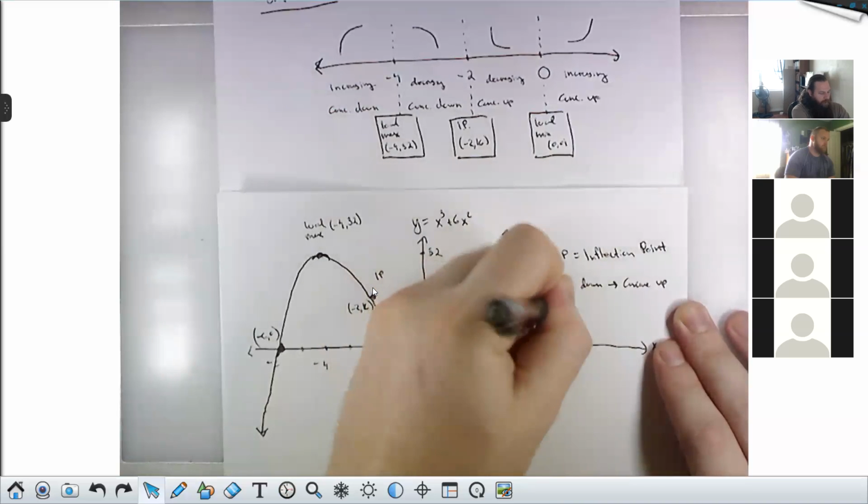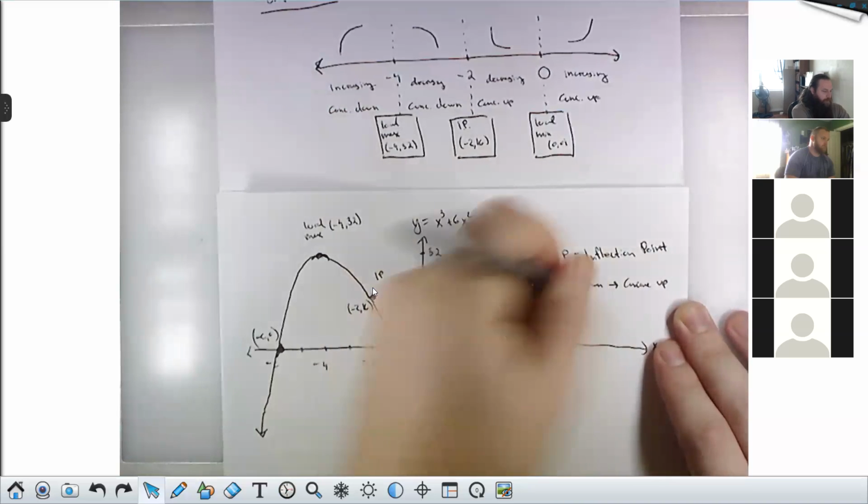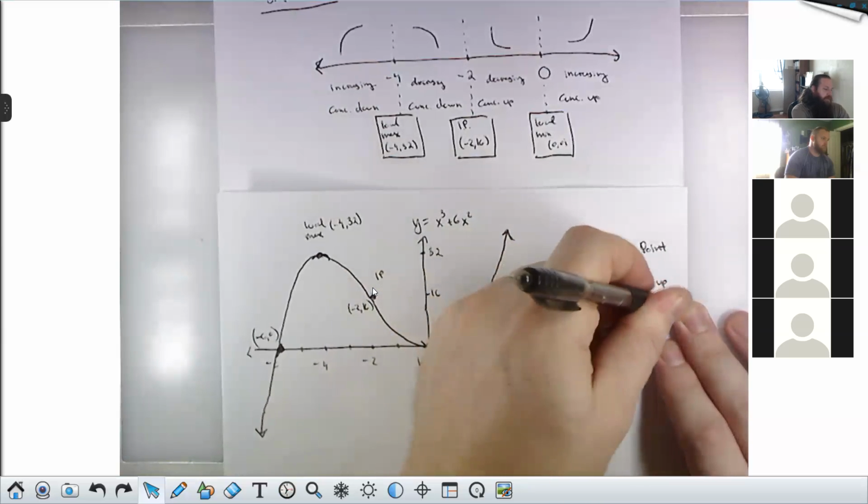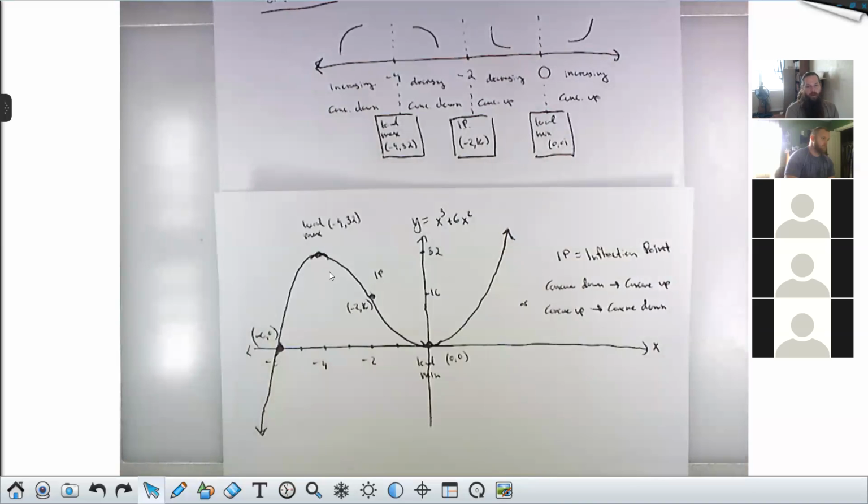But also we could have gone from concave up to concave down. So an inflection point is where your concavity changes, right? Everywhere to the left of this is concave down. Everywhere to the right of that point, the graph is concave up. Can you kind of see the difference in the shape here?